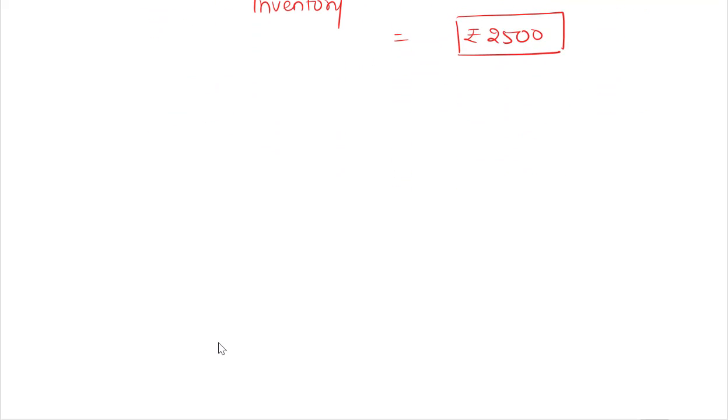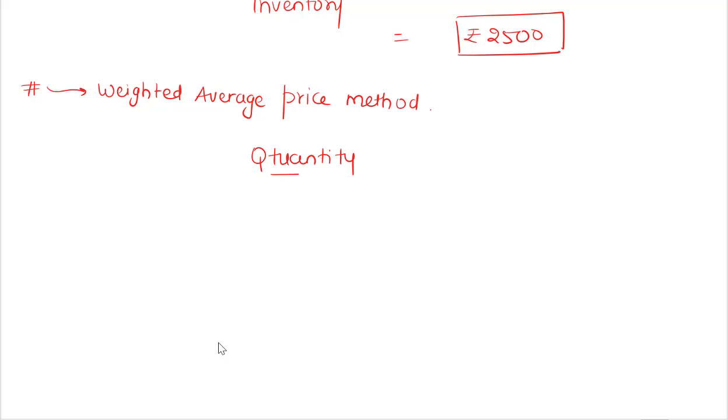Let us do the same question by weighted average price method. First of all, make three columns: quantity, rate, and then amount. First, purchased 100 units.